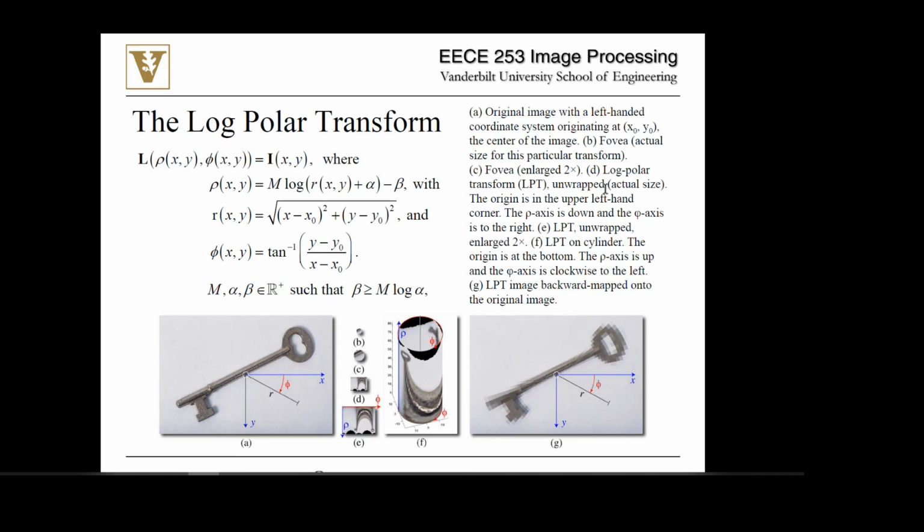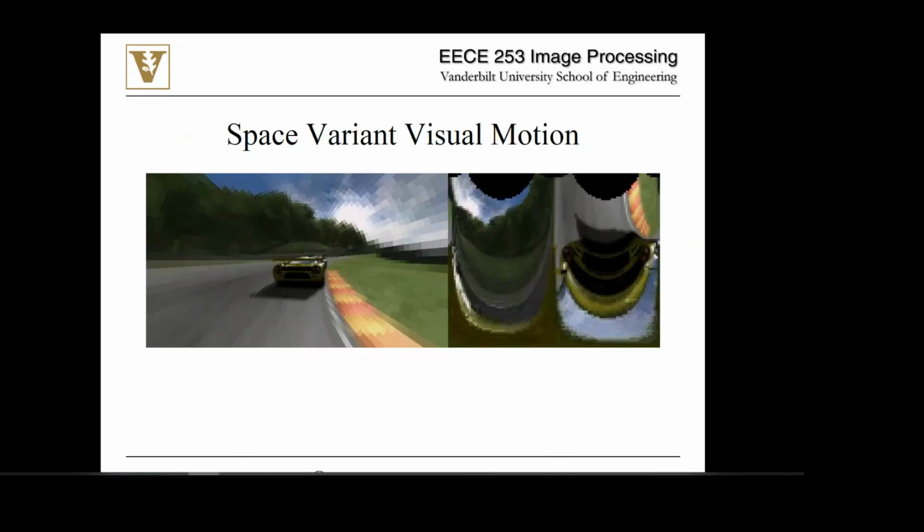You go from Cartesian to log polar, you sample, then you come back to Cartesian. This was a video, but in the PDF you cannot see it. In this video, the fovea was moving, and you can see that away from the fovea you have fewer details.